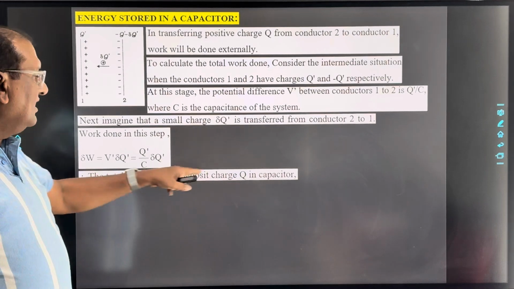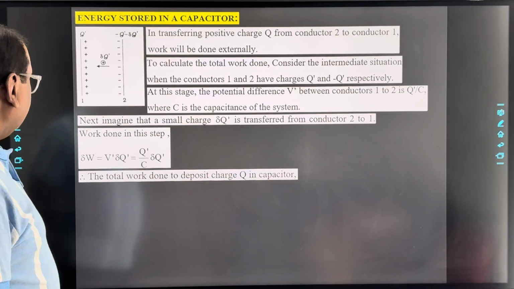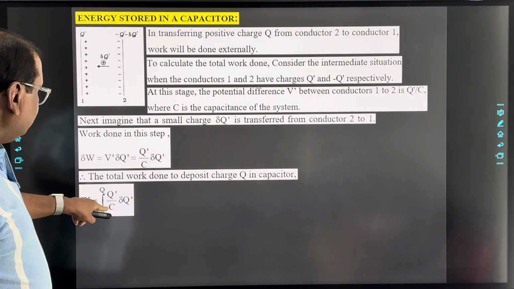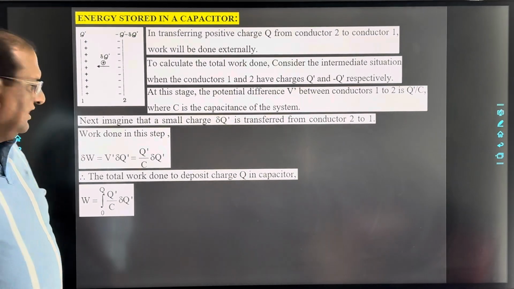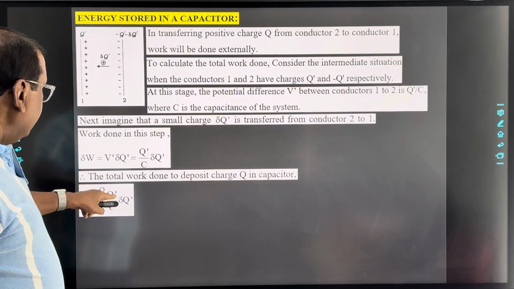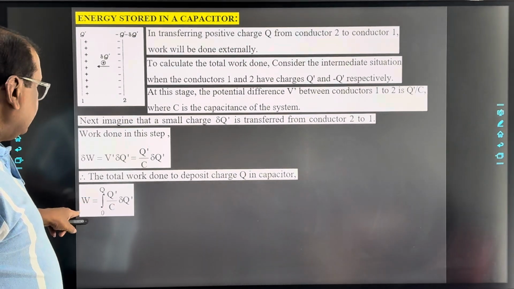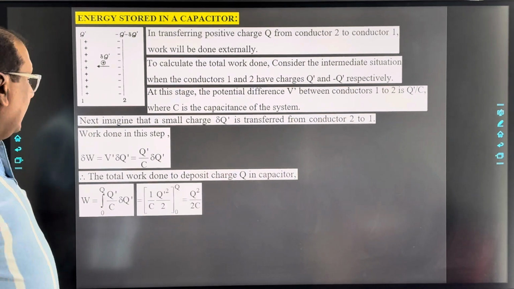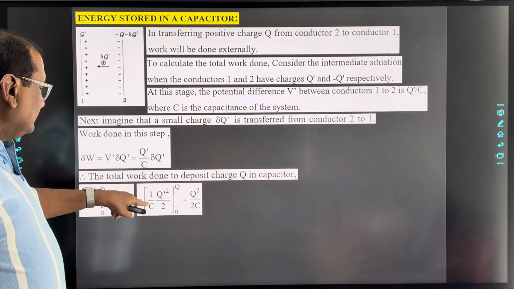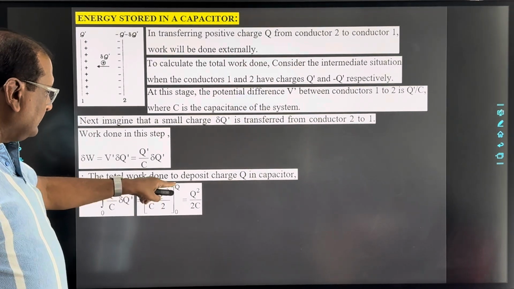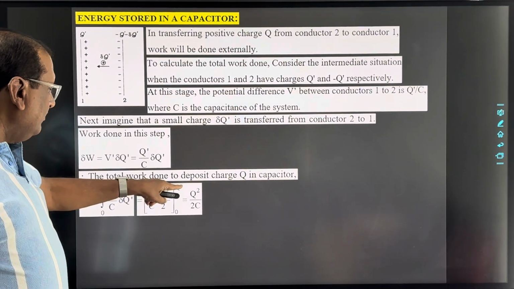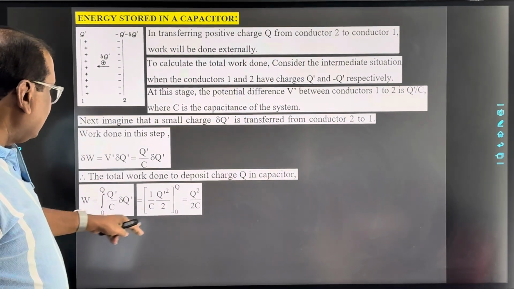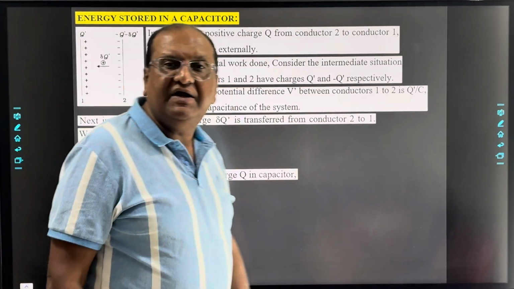The total work done to deposit charge Q is W equals the integral from 0 to Q of (Q'/C) dQ'. C is constant, so take it outside the integration. The integral of Q' is Q'^2/2, so we get (1/C)(Q'^2/2). Substituting the upper limit gives Q^2/2C, minus 0 for the lower limit. So the total work done is Q^2/2C.